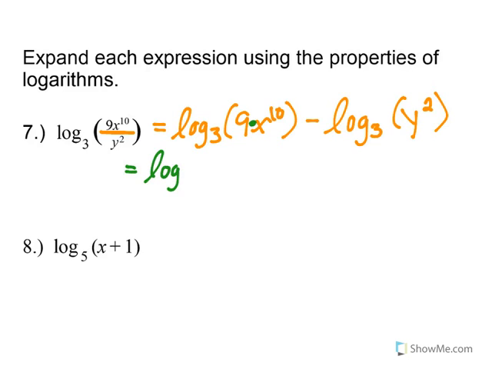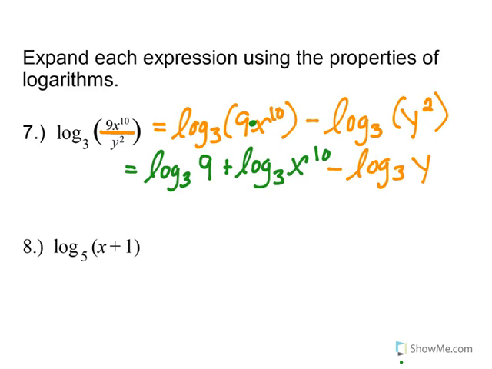This is really log base 3 of 9 plus log base 3 of x to the 10th. And then I still have the minus log base 3 of y squared, okay? And the 9 is related to the 3.